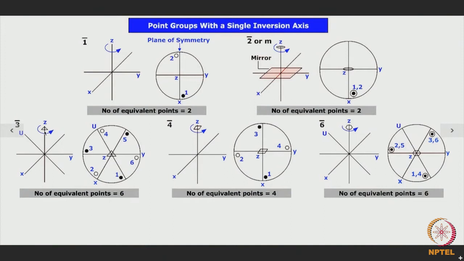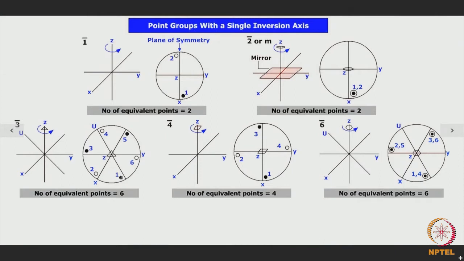Now, if we draw a projection in the plane x, y, u, then the projection will look like this. X will be here, y will be at 120 degrees away, and u will be again 120 degrees away, and the threefold roto-inversion axis will be right at the center.